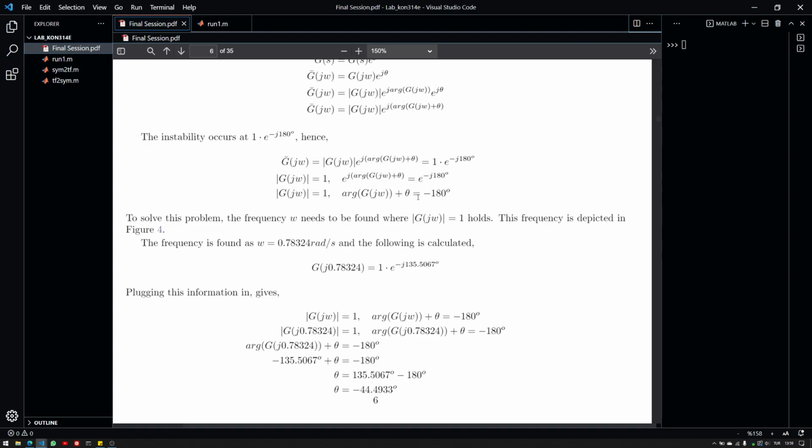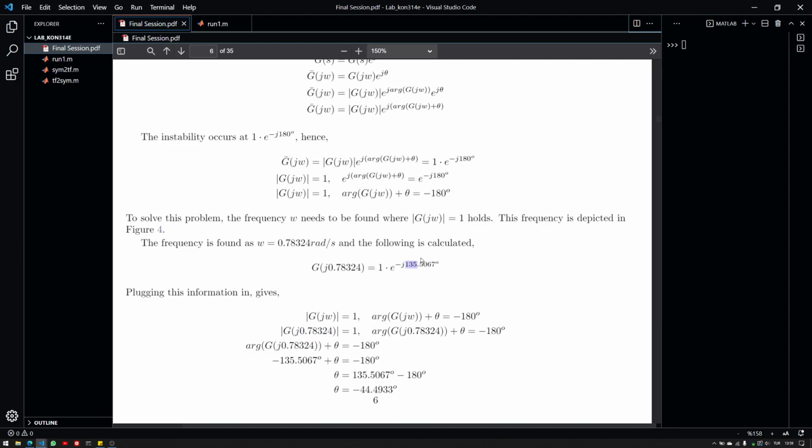So, looking at the same point here, we've seen that there should be some theta value that we're after, and we looked at the gain equals 1, which we've determined in MATLAB, and then we used the same omega value, we plugged it in, and we got that 135 degrees was the angle.